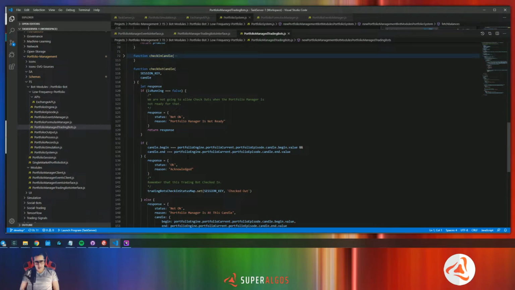We know that each trading bot does a check-in and a checkout.